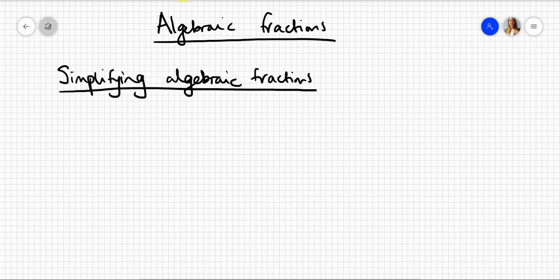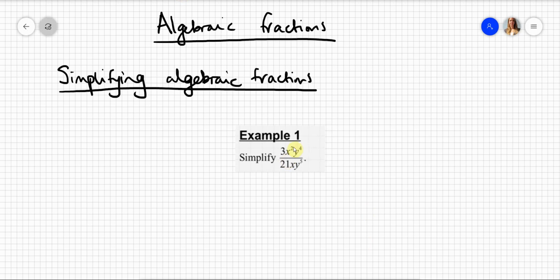We can simplify algebraic fractions by looking for common factors in the numerator and the denominator. Sometimes we might have to factorise a quadratic if the numerator or the denominator are quadratics.